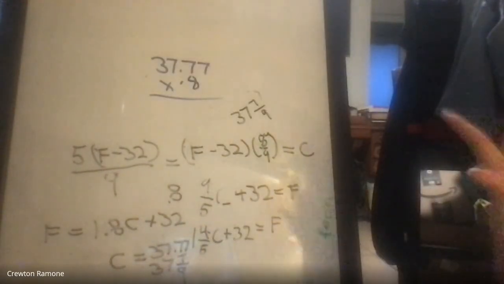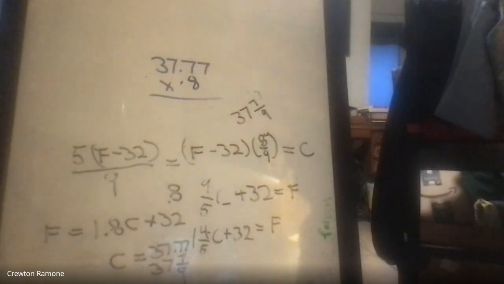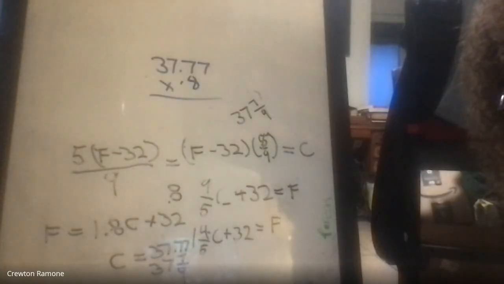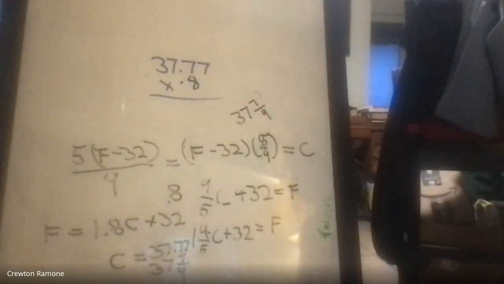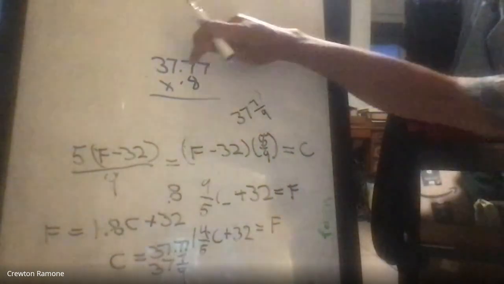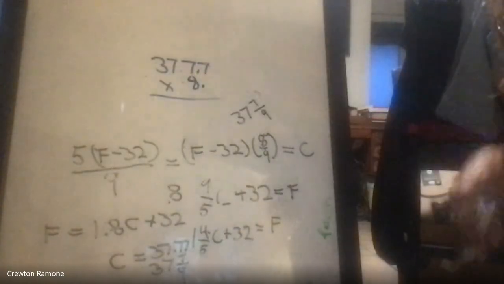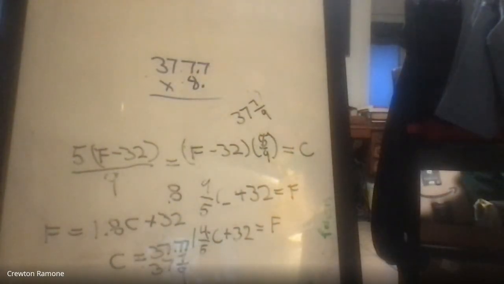Well, like I said, I'm not helping you. You're a big girl. You should be able to figure this out. And David, you too. Because look, all you're doing is multiplying by 8, and then I'm going to move the decimal point back the other way.